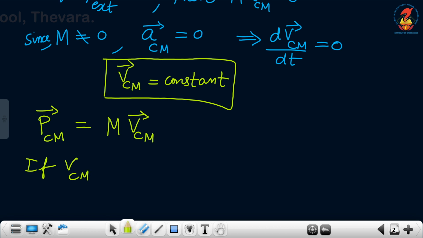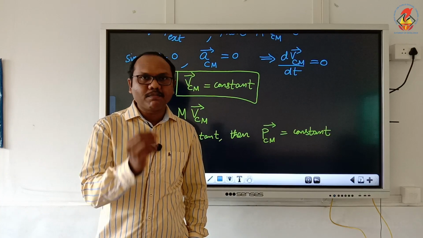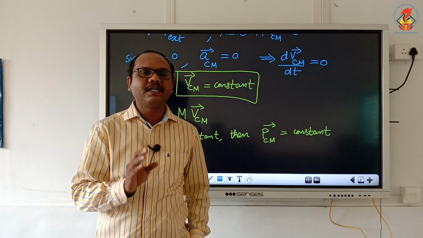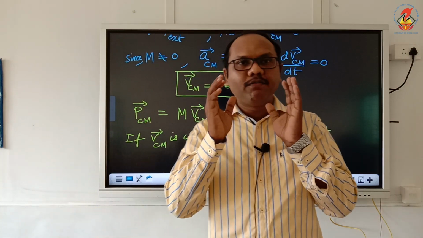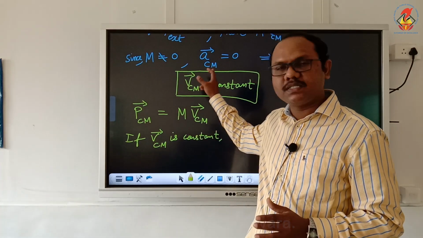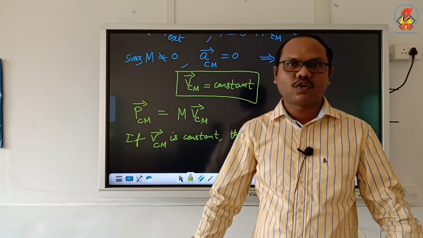If Vcm is constant, then PCM is also constant. That means if no external force is acting on the center of mass, the velocity of the center of mass is constant and the momentum of the center of mass is also constant.